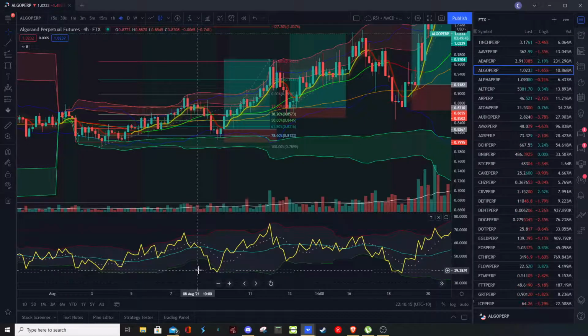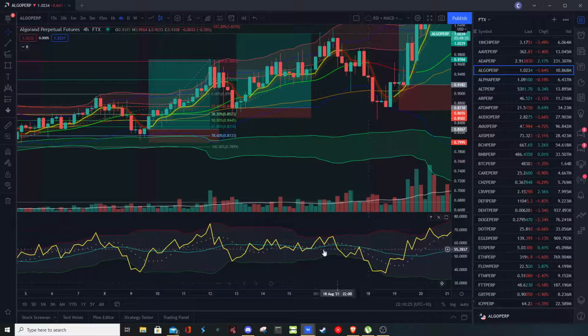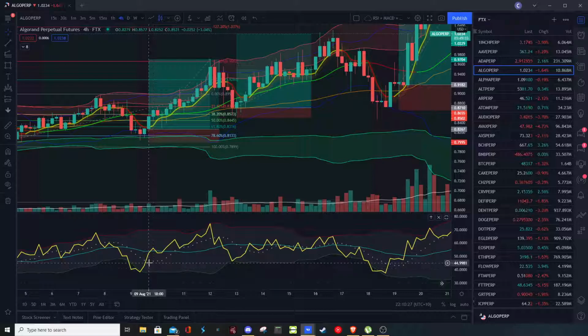RSI is a leading indicator, right? It takes the data of the previous 14 candles and does its math. So using RSI with the Bollinger Bands, you can make some pretty strong managed trade rules.